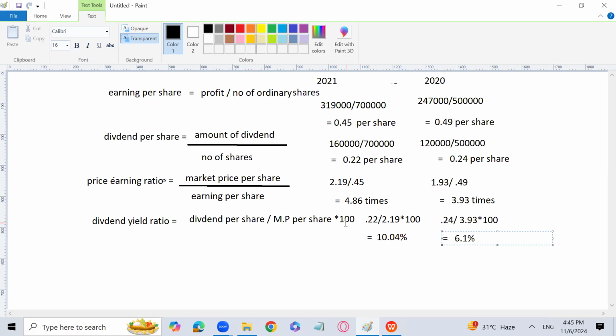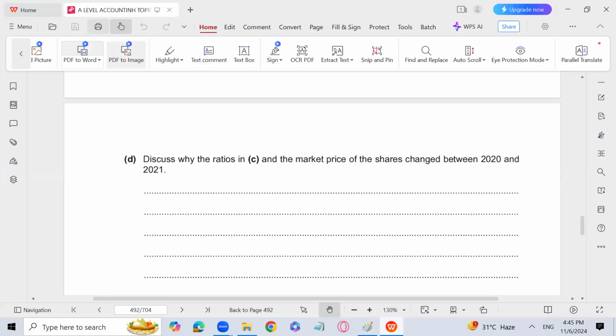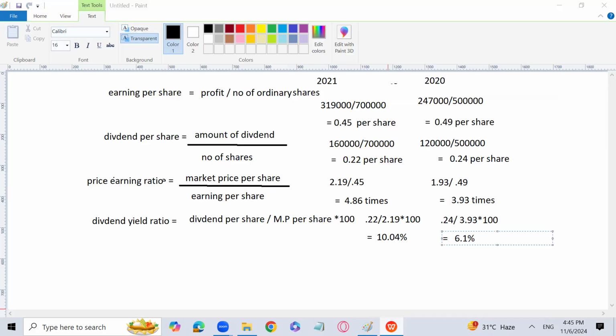Secondly, these are the ratios which we have calculated in C part. They are also asking one more question: the market price of the share changed between 2020 and 21 by the ratio in C, and the ratios in C have changed. I already told you that the dividend and earnings per share have gone down because we have purchased more shares. Because more shares are purchased, there is a good hype in the market that the company is progressing.